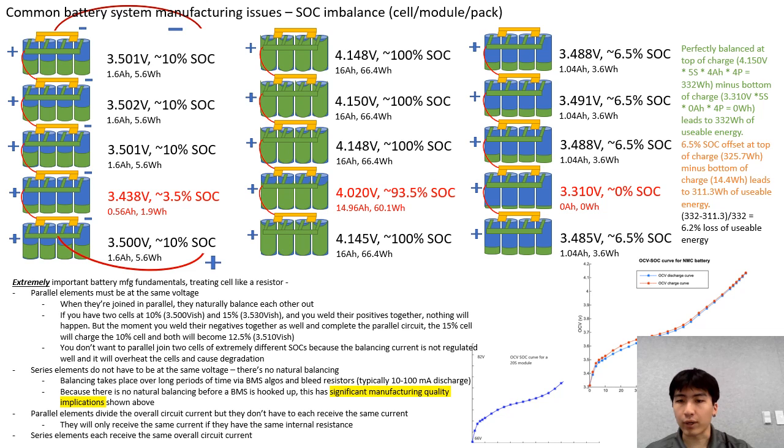Now in the bottom right, I wanted to go over this curve. It's called the OCV SOC curve. This is the main reference table that all battery engineering is based off of. It's the most fundamental table there is, and basically it tells you what the resting voltage, the open circuit voltage, which is the voltage over an infinite period of time, is for a specific state of charge.